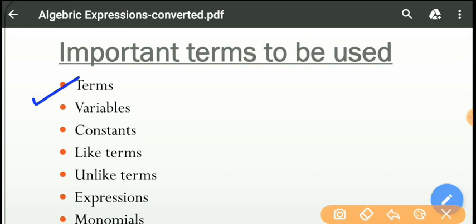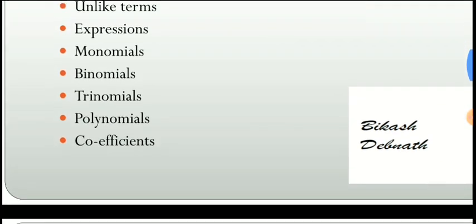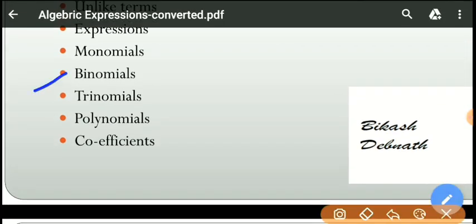What is a term, we will discuss later. Just first let us know the things that we use here: variables, constants, like terms, unlike terms, expressions, monomials, binomials, trinomials, polynomials, coefficients. So these are the basic terms that we are going to use here.